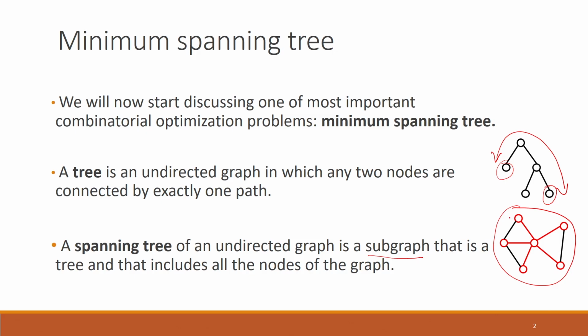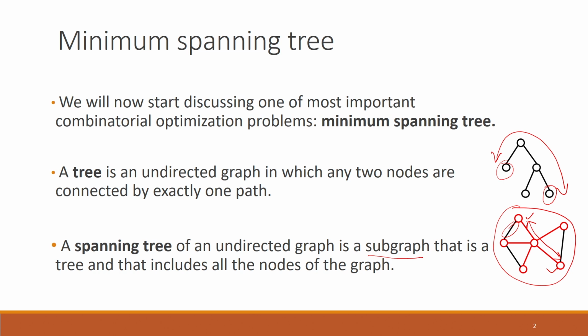Let us look at this network here. You can see that this is a tree, because if you pick any pair of nodes, there will be exactly one path which connects them. For example, if you pick this node and this node, there is exactly this one path which connects them. Notice that there are some black edges which are not part of this subgraph. Suppose this black edge was also in red color, in addition to the subgraph which is already red.